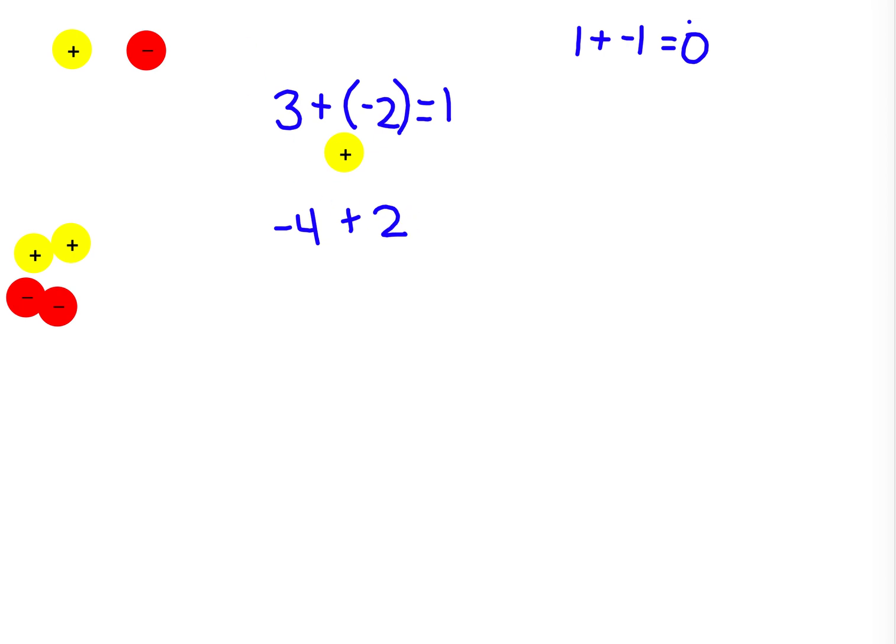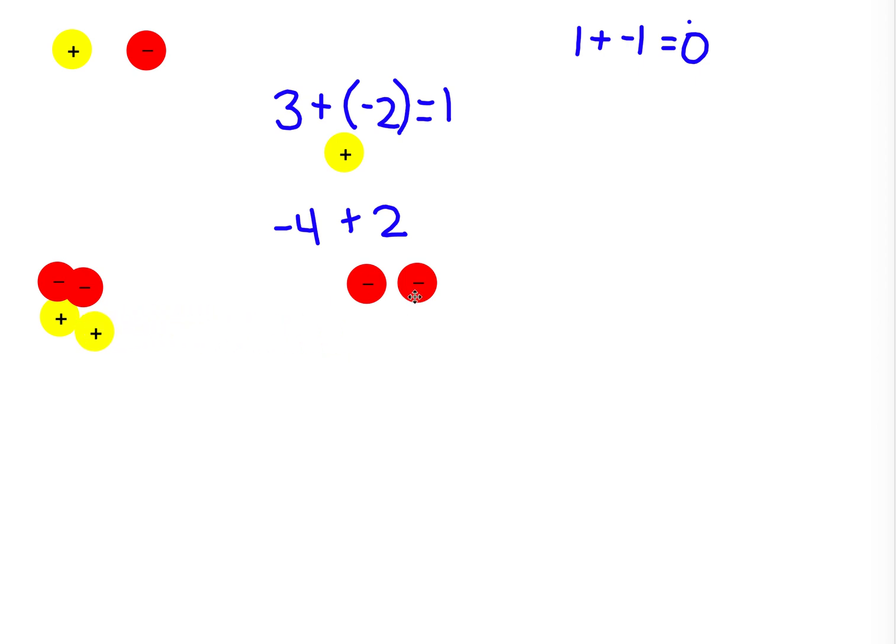Okay, so let's go ahead and take a look at this one. So I'm going to put my numbers on the top here for my first number. It doesn't really matter where they go. Okay, so I have -4 and then +2. Okay, so I need to get rid of my 0 pair. So I look to see where I have 1 positive, 1 negative, and then I take it away. 1 positive and 1 negative, I take it away.